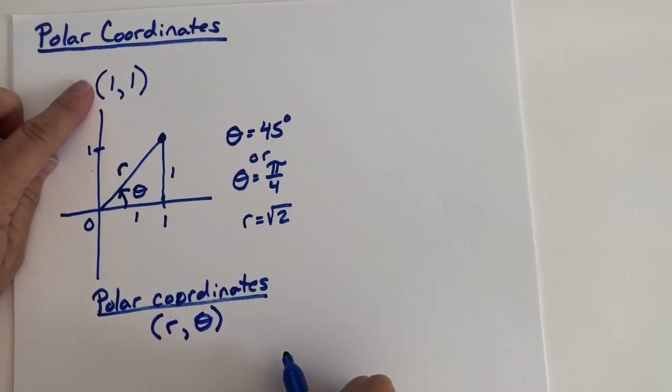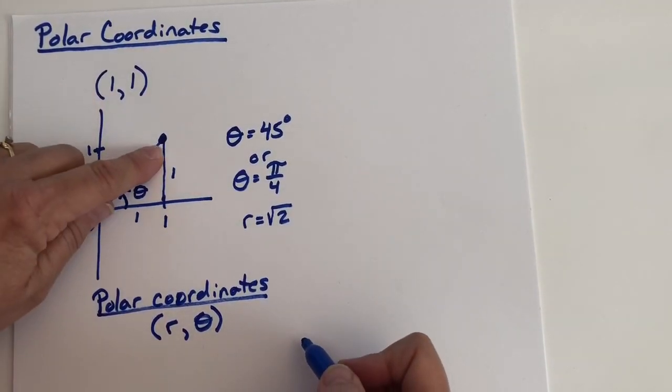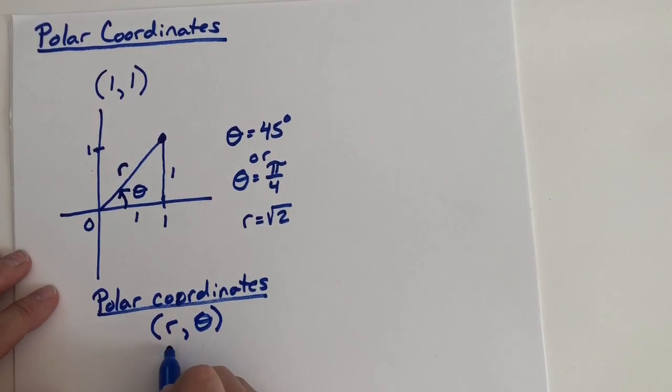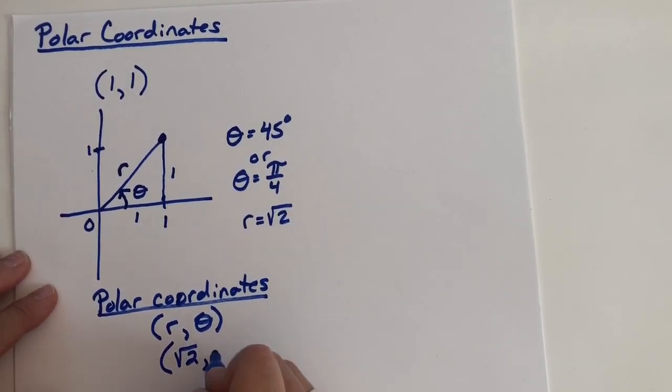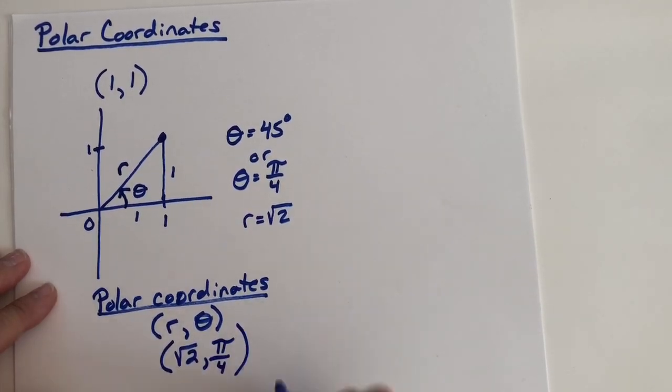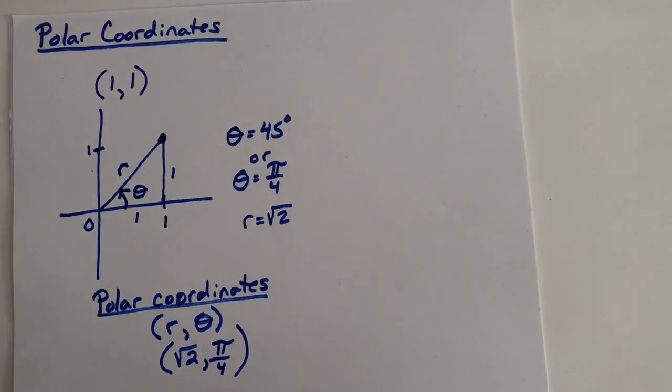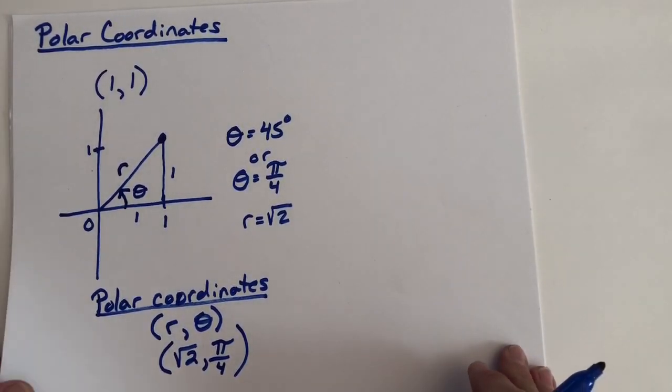So this particular point represented here would become (square root of 2, pi over 4). So (r, theta).